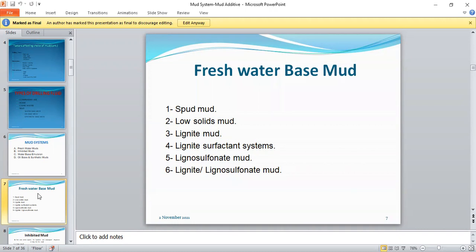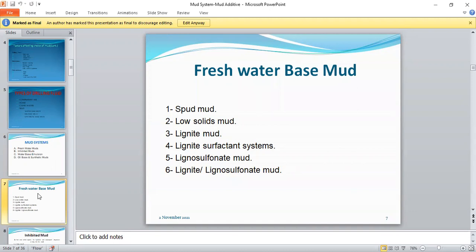It is a very simple mud. It's just water and bentonite, caustic soda, soda ash.